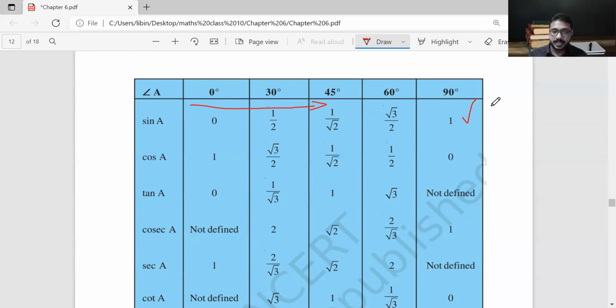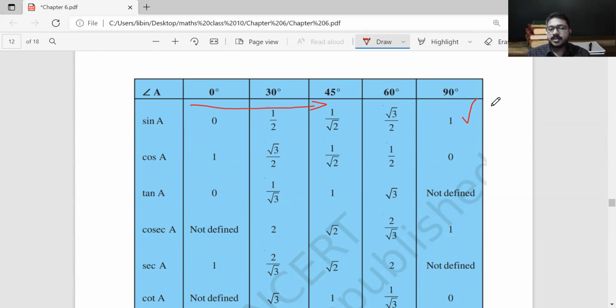So first we will be having 0, then it is increasing to 0.5, then to 1 divided by 1.414, and then root 3 by 2, which is 1.732 divided by 2, and finally 1. That is sin 90 is equal to 1. You have to learn it by heart. There is no shortcut.